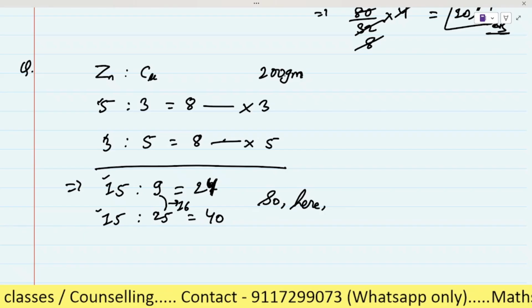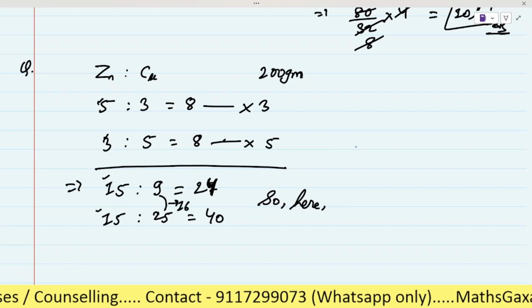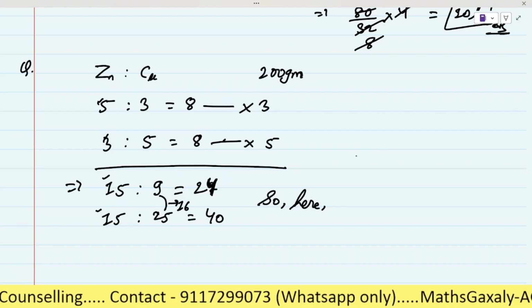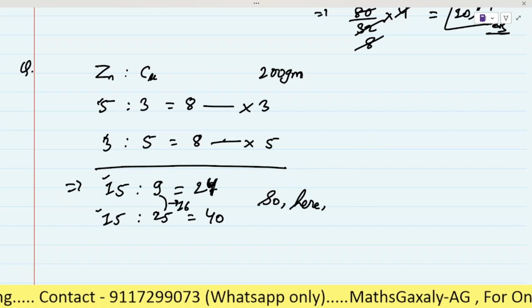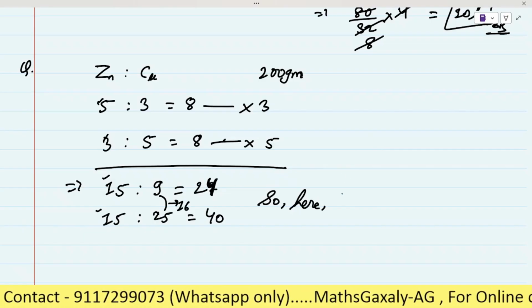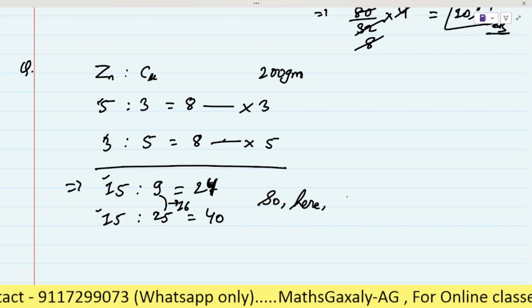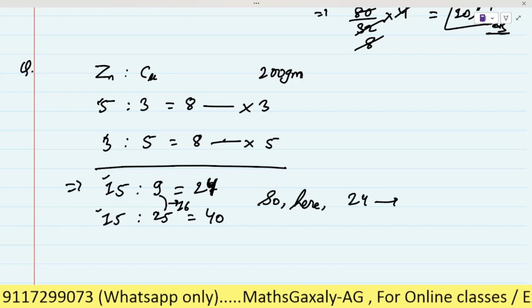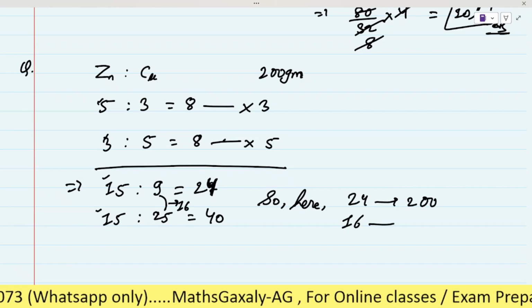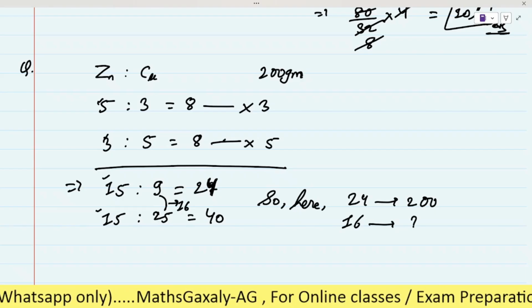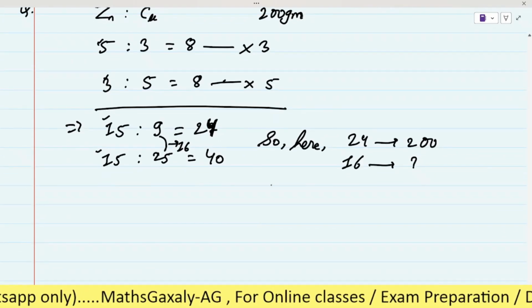So initially what was the quantity of the alloy? Tell me. 200 gram. Whose value will be 200? 24. Very good. So 24 is equal to 200, and we have to find the value of 16. Simply we will do cross multiplication here.